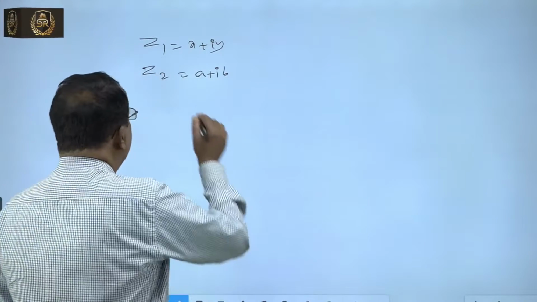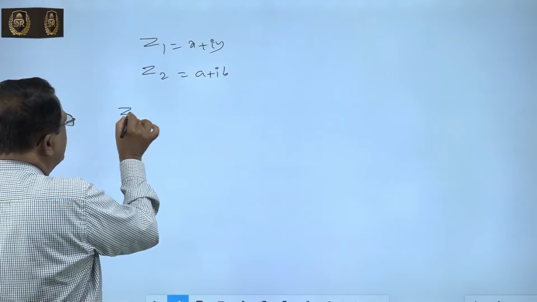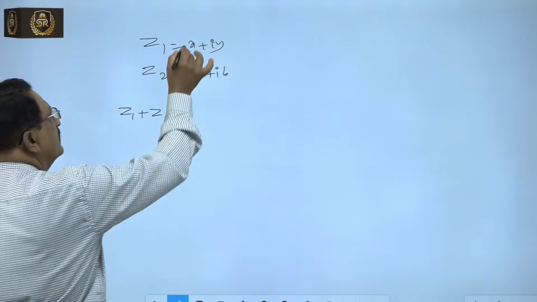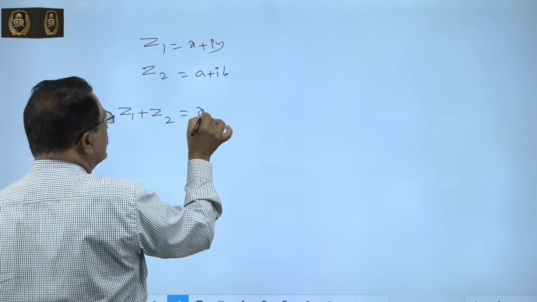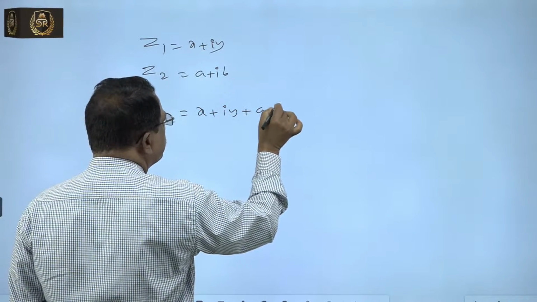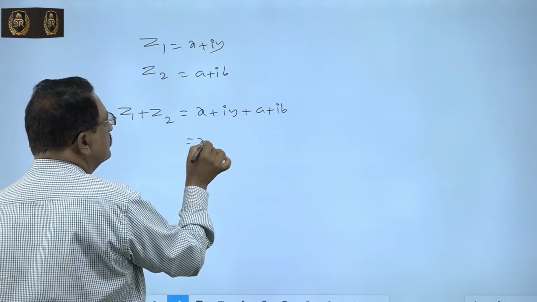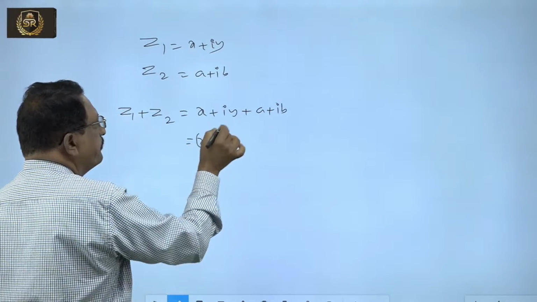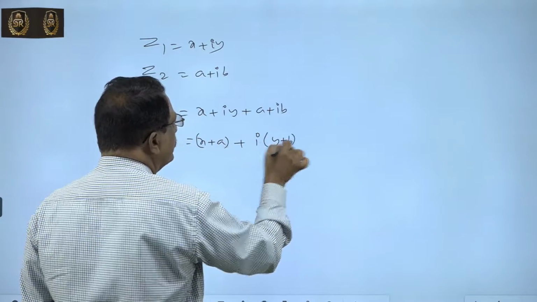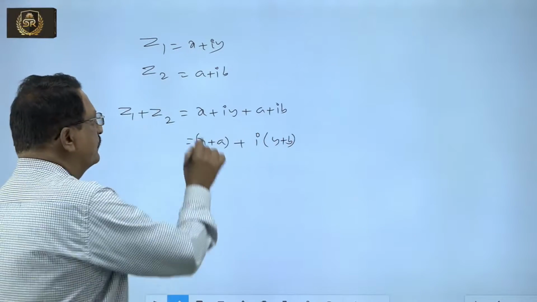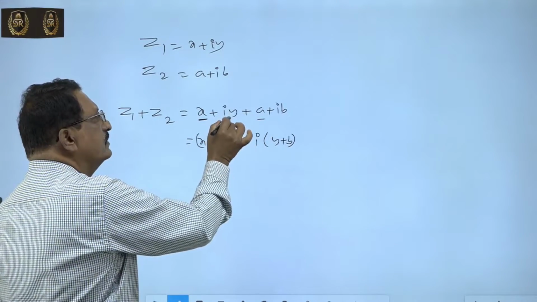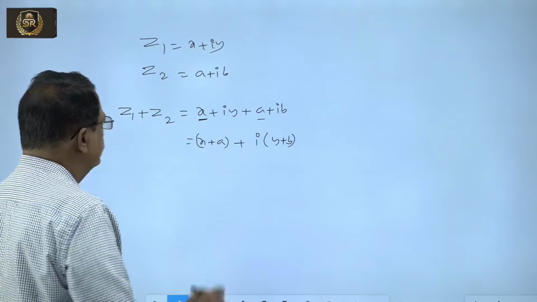Now the addition of two complex numbers, z1 plus z2, is defined by x plus iy plus a plus ib, that equals x plus a plus i of y plus b. Means first add only the real parts, plus i into the imaginary parts.